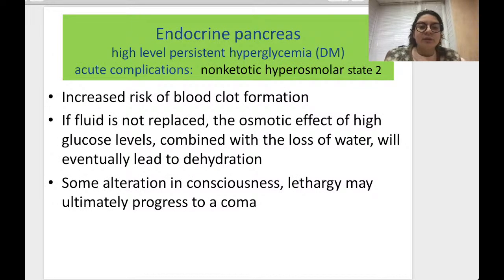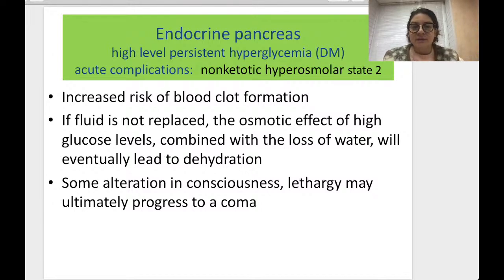Here there will be an increased risk of blood clot formation. If fluid is not replaced, the osmotic effect of high glucose level combined with the loss of water will eventually lead to dehydration. Some alteration in consciousness and lethargy may ultimately progress to a coma.